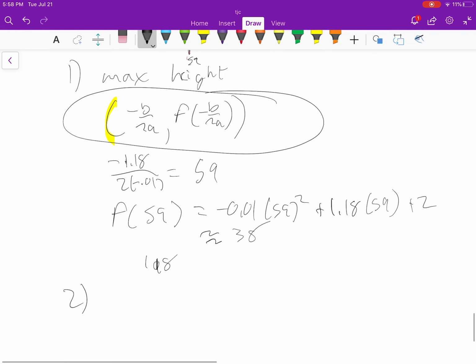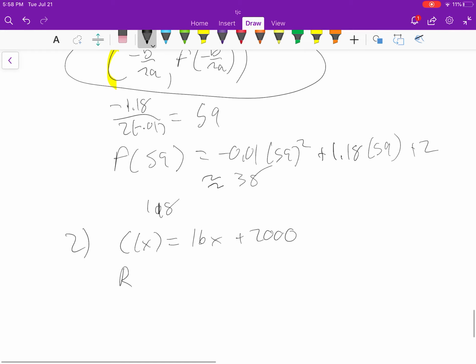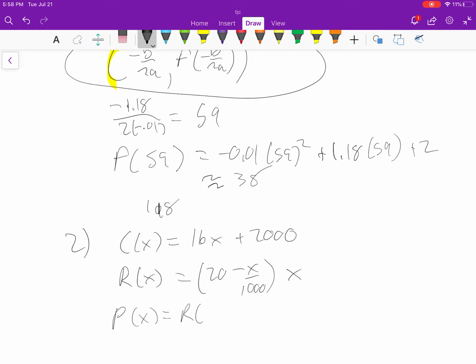Okay. Another problem is you have a company that has a cost function. This cost function looks like this. And you have a revenue function that looks like this. And you want to know what your profit is. You want to know the profit function. Well, profit is always equal to revenue minus cost.